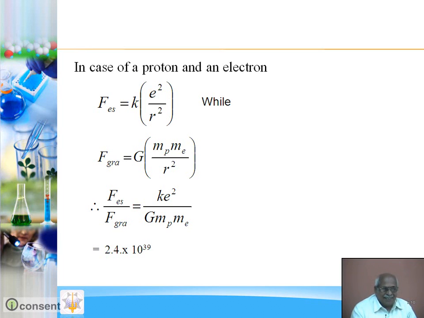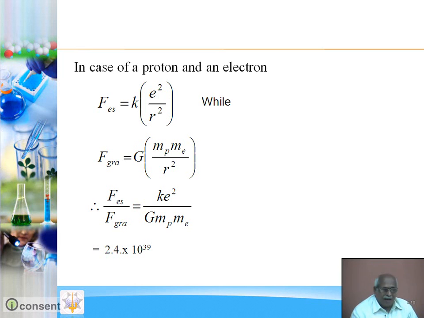You know very well, the charge on a proton is equal in magnitude to the charge on an electron, denoted by small e. So, the electrostatic force between proton and electron will be F_ES equal to K Q1 Q2, which will become e square.